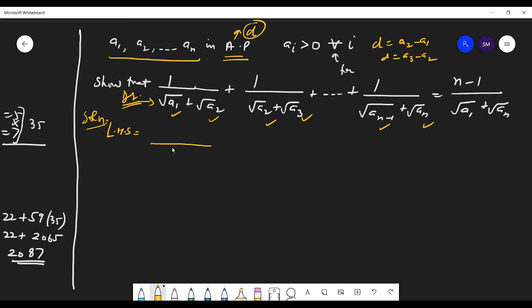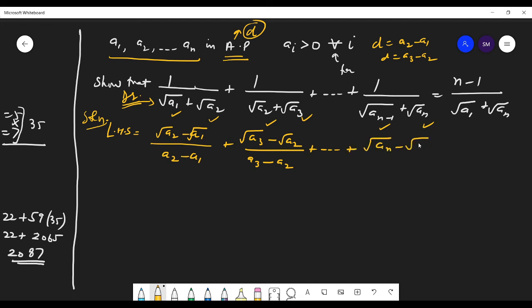Okay. So multiplying and dividing with under the root a2 minus a1, right? So here you get under the root a2 minus a1. And what do you get here, students? a2 minus a1 plus what do you get here? Similarly, a3 minus a2 divided by a3 minus a2. What do you get here? Under the root a n minus 1 and a n minus 1.